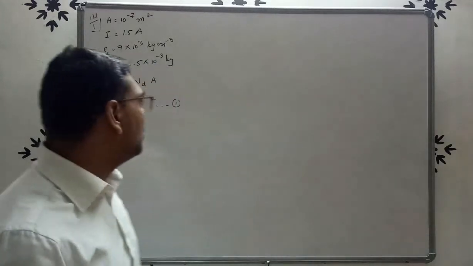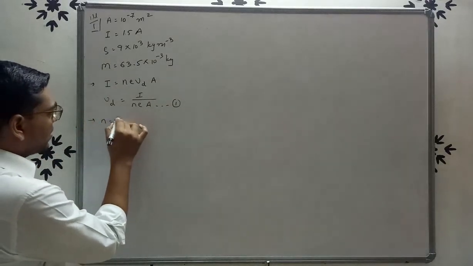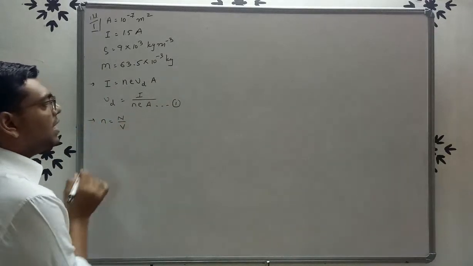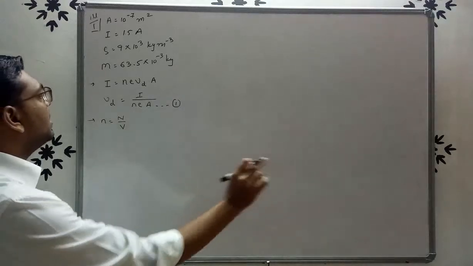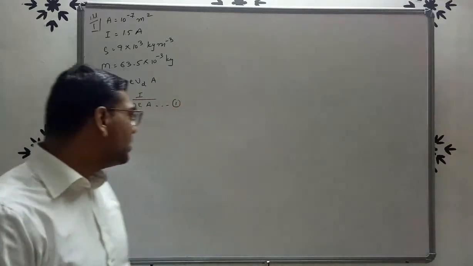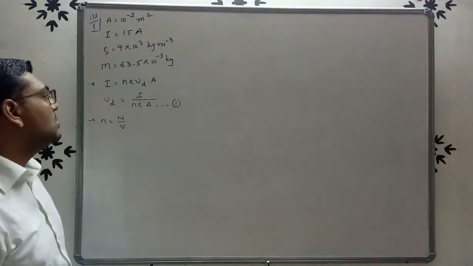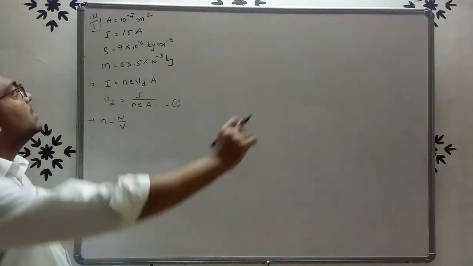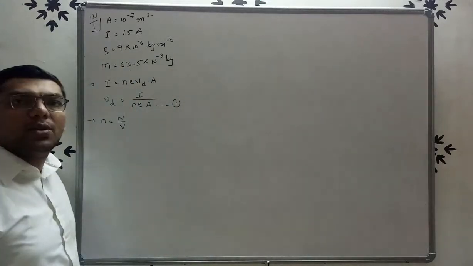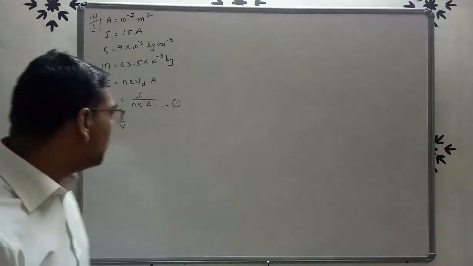We know that small n is equal to capital N upon V. Here the total number we know, that is the Avogadro number. The volume we don't know, but we know the density rho, and density is equal to mass by volume.